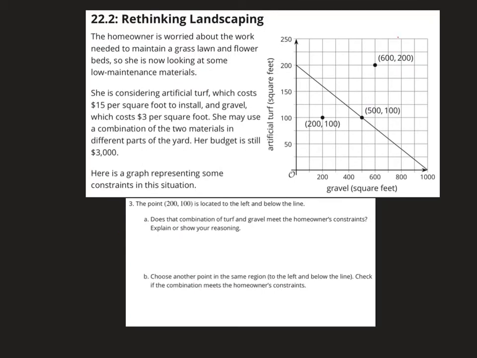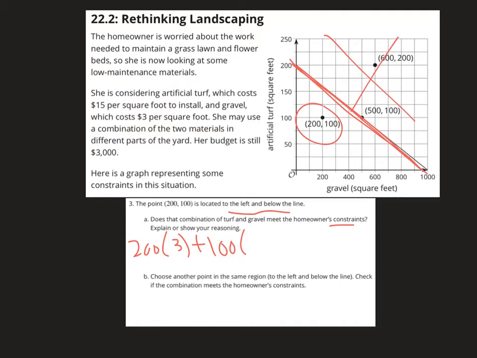And so now that we know that this is not going to meet the constraints, all of the stuff on this line meets the constraints. What about this idea of 200, 100, located to the left and below the line? Does that meet the homeowner's constraints? Again, 200 square feet of gravel at $3 a square foot, plus 100 square feet of artificial turf at $15 a square foot.